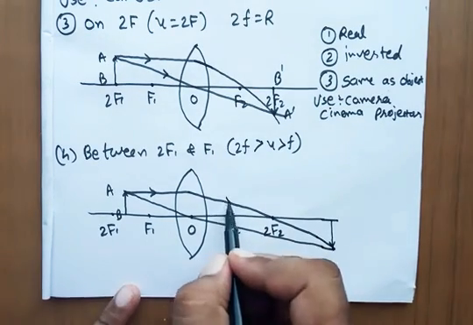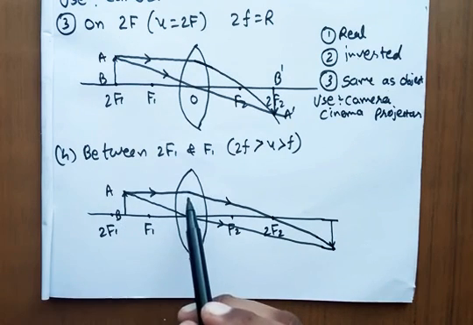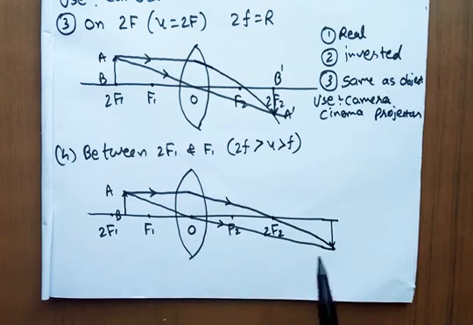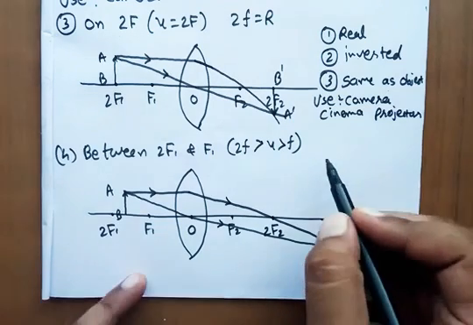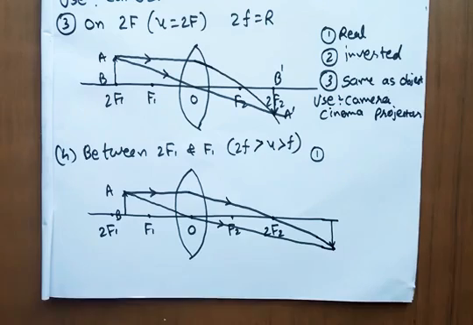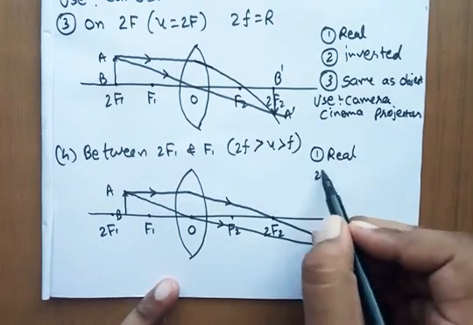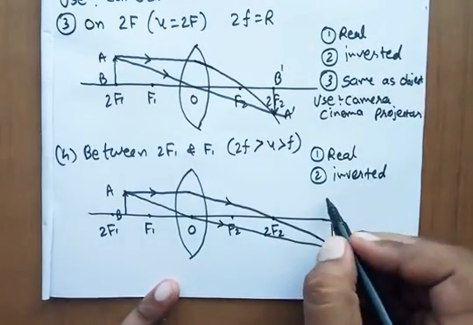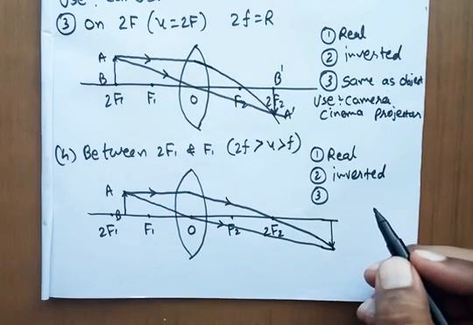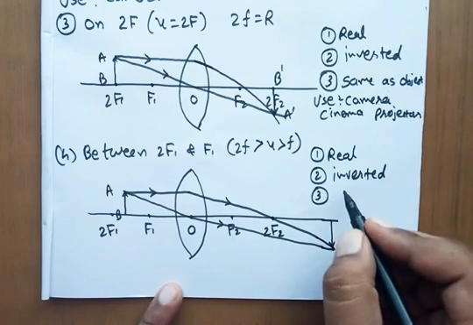Okay, so the parallel light ray passes through this, and this light ray emerges out from the lens. So what is the position, how is the image formed here? Okay, the image is real. Second, it is inverted, and third, it is magnified.